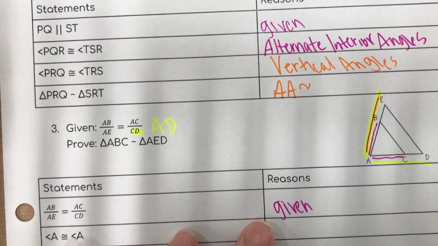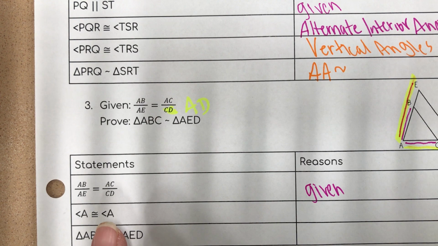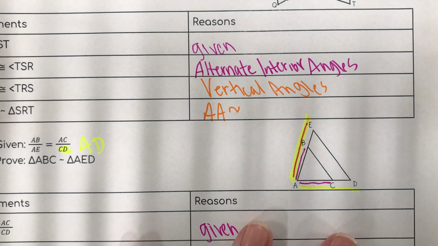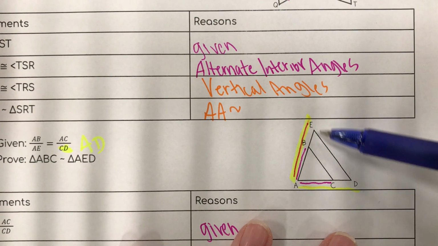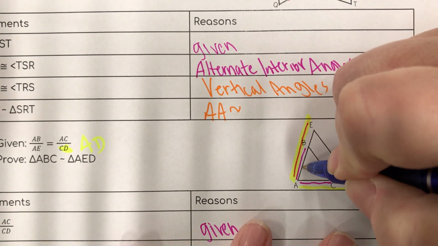Okay, then it says angle A is congruent to angle A. Now, we haven't had this before in this way. We've had triangles that share a side, but these two triangles, this small triangle here on the inside and this bigger triangle, they actually share this angle right here.